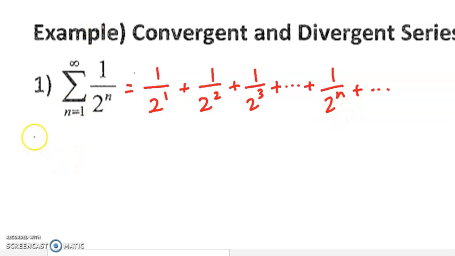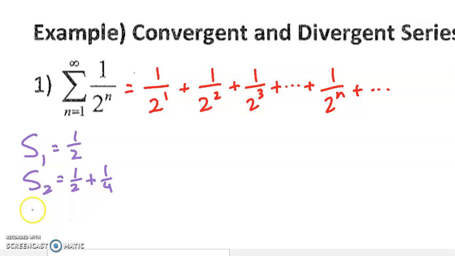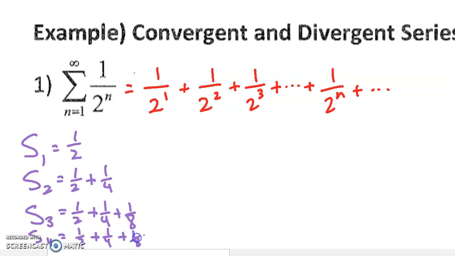So it should be clear that S sub 1 is 1 over 2, and S sub 2 is 1 over 2 plus the second term, which is 1 over 4, and S sub 3 is 1 over 2 plus 1 over 4 plus 1 over 8. S sub 4 is 1 over 2 plus 1 over 4 plus 1 over 8 plus 1 over 16. I hope you get the idea.